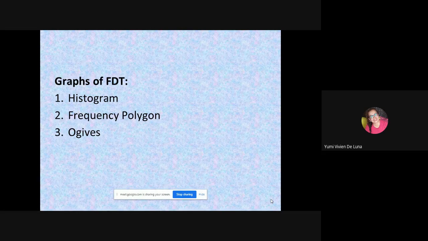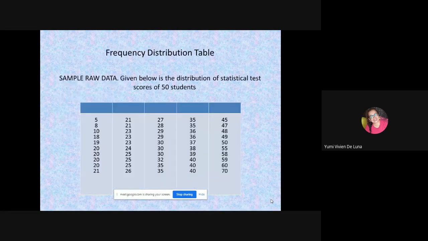Okay, so paano ba mag-construct ng frequency distribution table? Okay, so let's start with your raw data. Given this raw data, we have the distribution of statistical test scores of 50 students. If you look at the data, naka-arrange na po siya from lowest to highest. Pero, normally, ang raw data, hindi po siya naka-arrange.